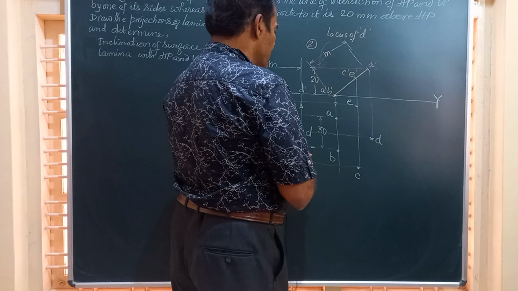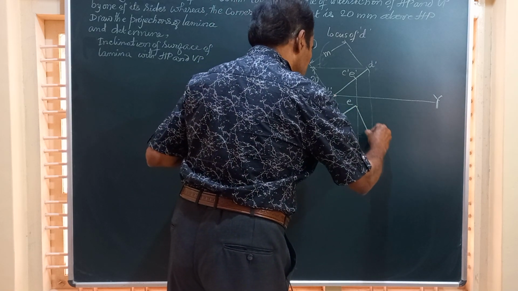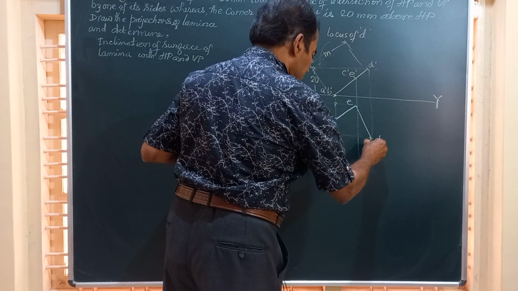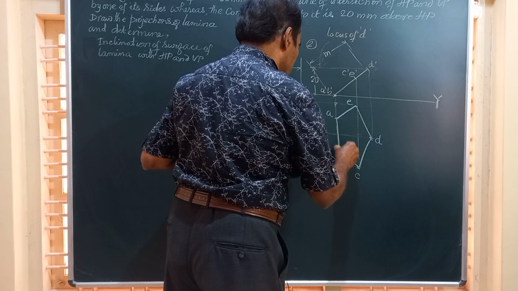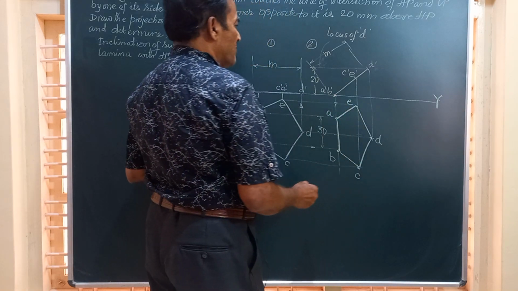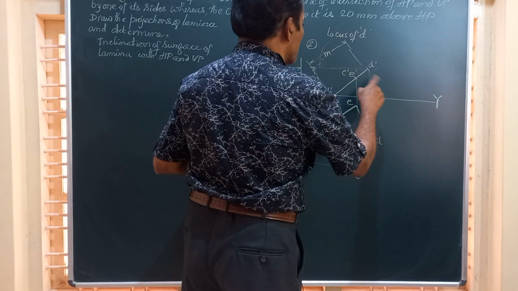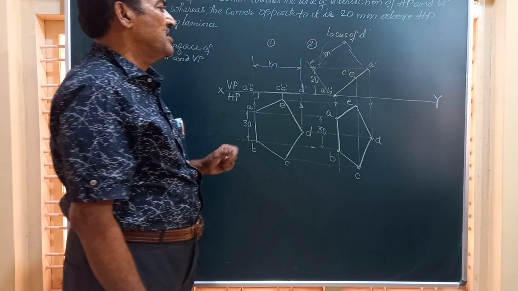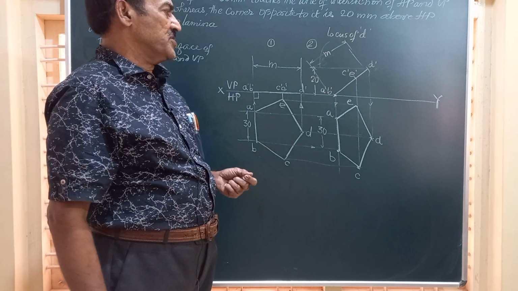We will join them by straight lines. So A to E, E to D, D to C, B to C, and A to B. So I got this top view when the surface of the lamina is inclined to HP and the corner opposite to that side is 20 above HP.